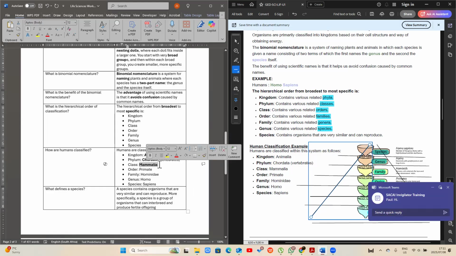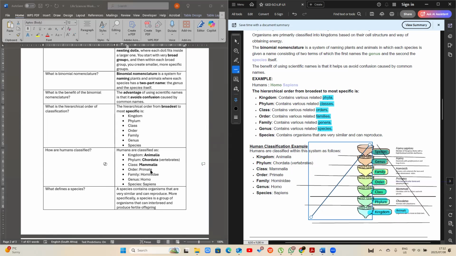Then the class that we fall under is the class Mammalia, because mammals are known as chordates, animals with backbones that in fact do have fur or hair as well as milk glands.